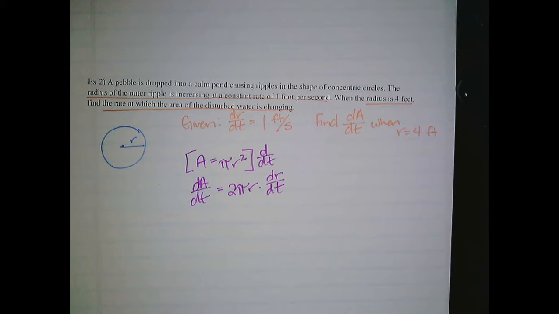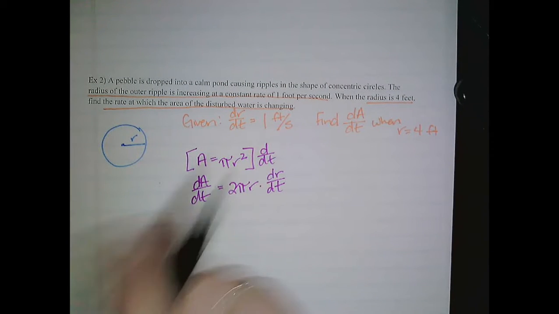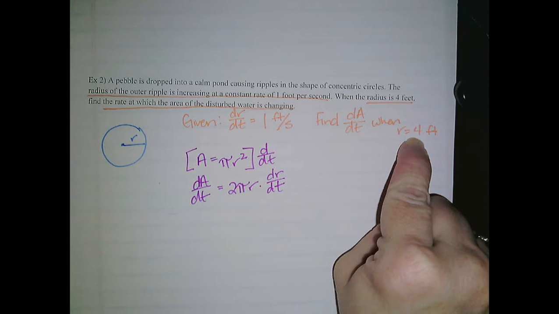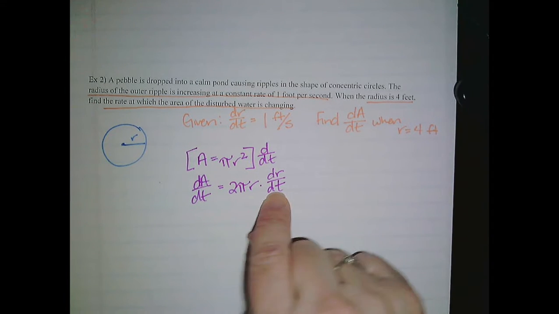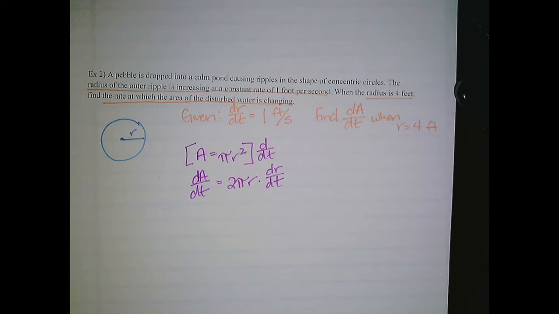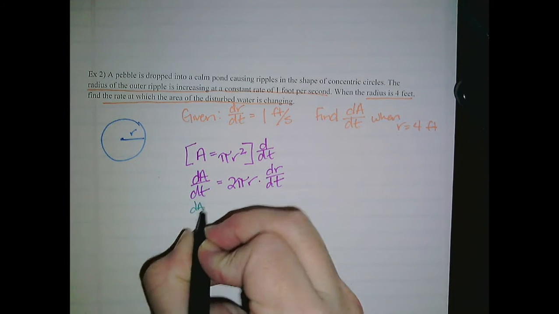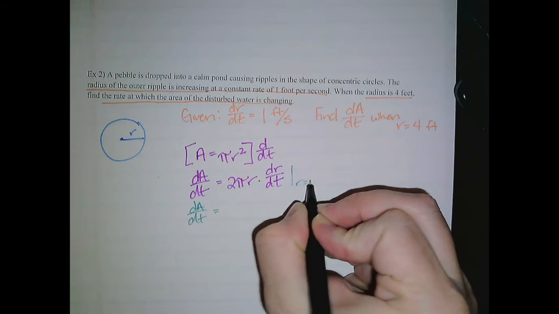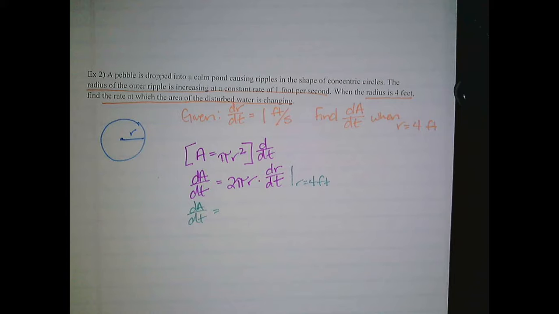We want to know what is dA dt when radius is 4 feet. And we also know that the rate of change of the radius with respect to time is going to be 1 foot per second. So I want to know what is dA dt when the radius is 4 feet. So such that the radius is 4.